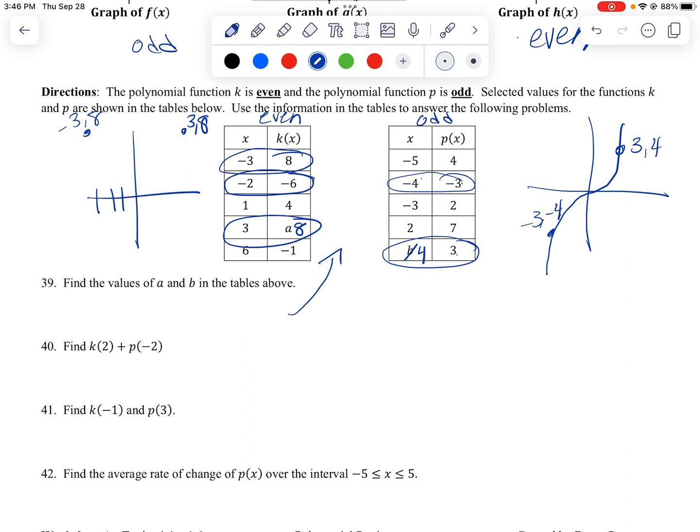Well, if we know that that's negative 2 and it's even, K of 2 has to be 6. P of negative 2. Well, if it's odd, this would have to be negative 7. So our answer would be negative 1. Oh, sorry, this is negative 6, so that's negative 13.